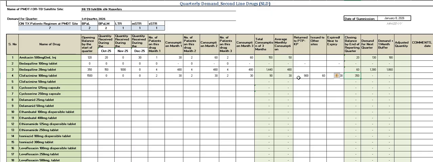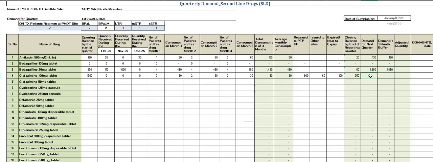Then you will enter the quantity we have returned to the PTPKP, the quantity we have issued to other sites, and the quantity that has expired with us. So with the formula, the net stock on hand will be calculated here, according to which the quantity of drug will be calculated.